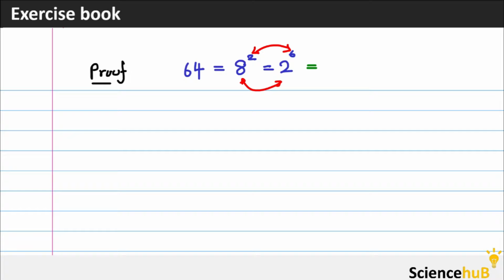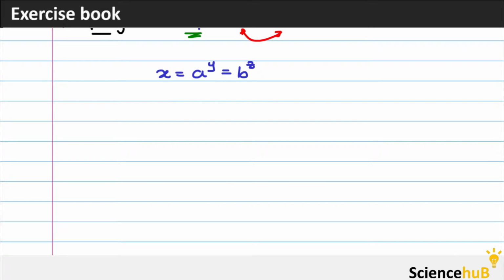If you change the base to 92, there will be a corresponding power that represents 64. So you don't need to worry. I will generally write x is equal to a to the power y is equal to b to the power z. Now I think you are clear with this statement.